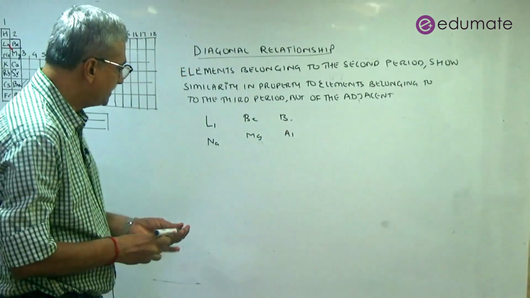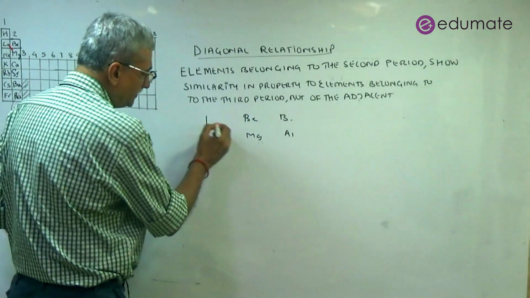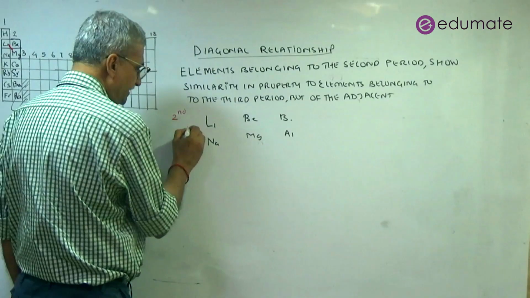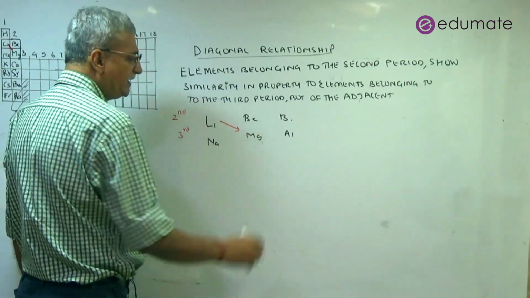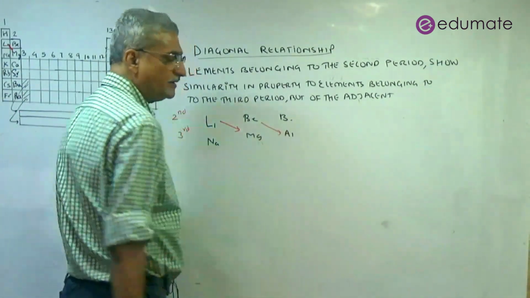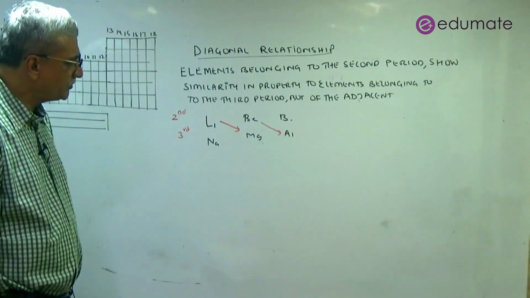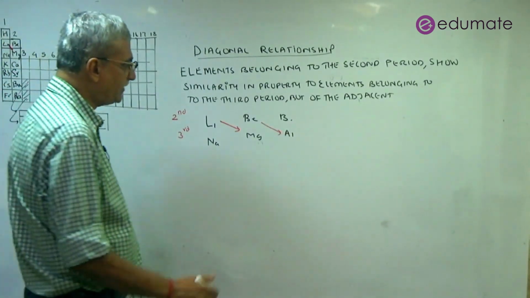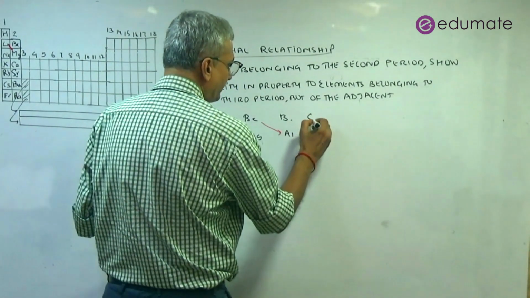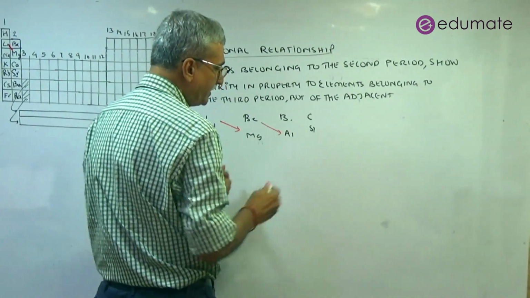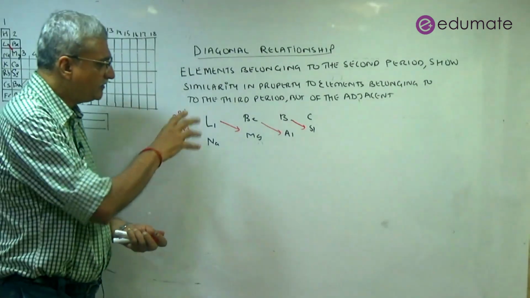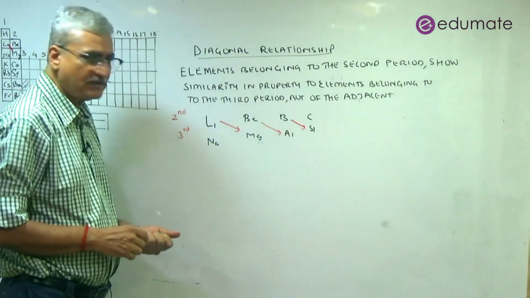Lithium, in the second period, will show many common properties with magnesium in the third period. Beryllium will show with aluminium. Then you have carbon, silicon, group 14. So boron will show many properties similar to silicon. This kind of behavior is called diagonal relationship.